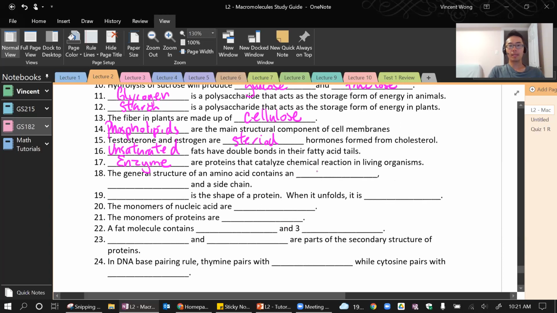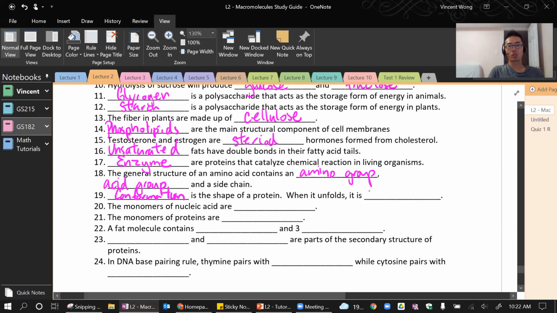The general structure of amino acids contains an amino group and an acid group, right? Carboxylic acid, which is called acid for short. Conformation is the shape of a protein.